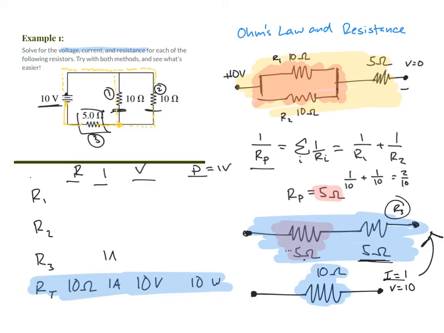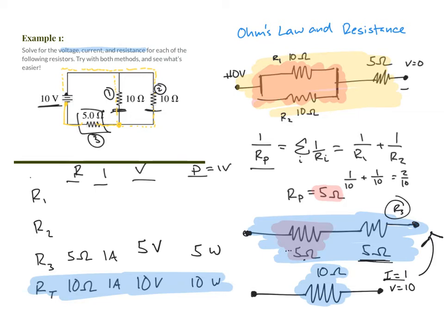Resistor 3, the current is 1 amp. And we know resistor 3 also has a resistance of 5 ohms. Using those two numbers, we can find the voltage. V equals IR. So voltage across that resistor has to equal 5 volts. And the power is I times V. 1 times 5 is 5 watts.